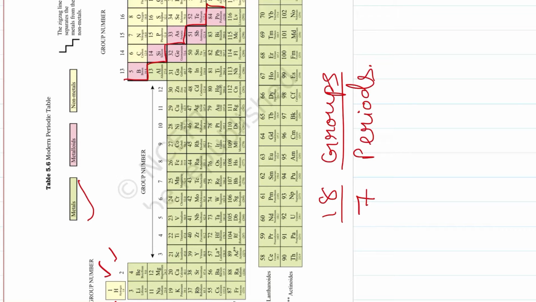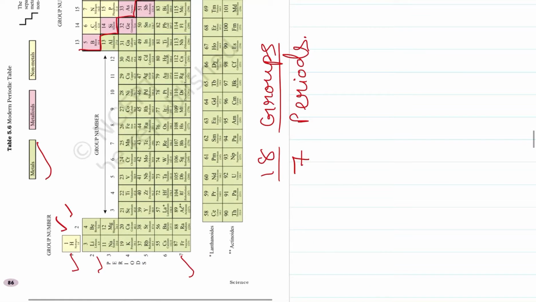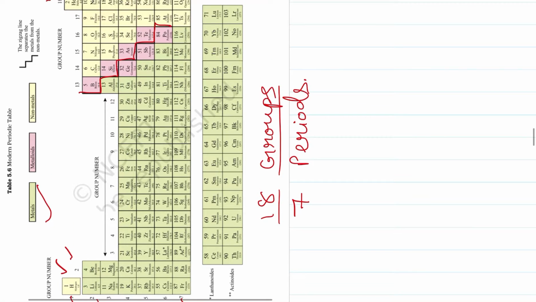And the yellow colored elements, which are very few in the last part of the periodic table, are called non-metals. Then at the bottom you have the lanthanide and the actinide series. These are special metals which form a separate group, and they run from number 57 to 71 and number 89 to 103.